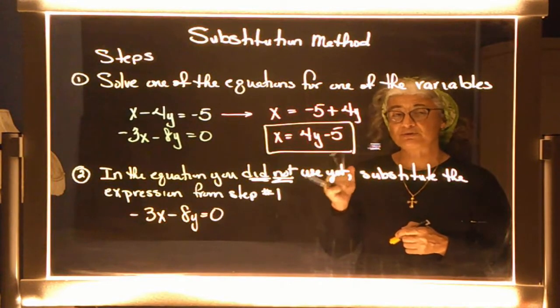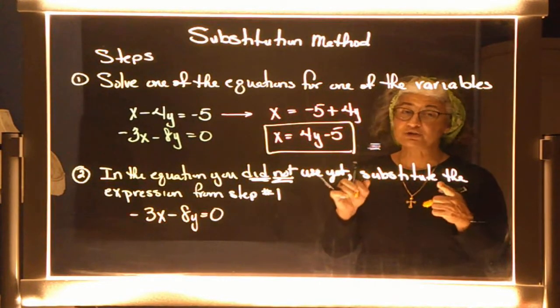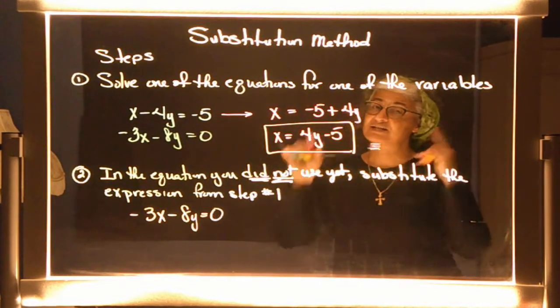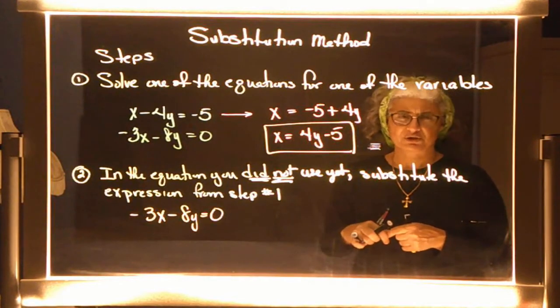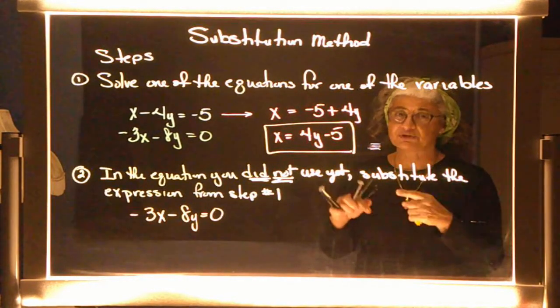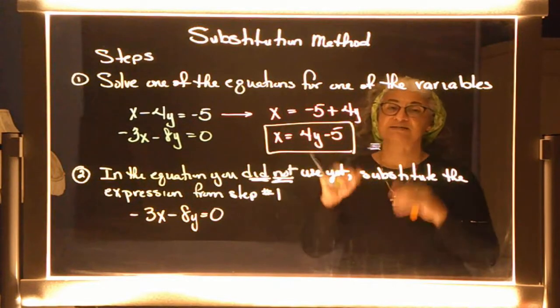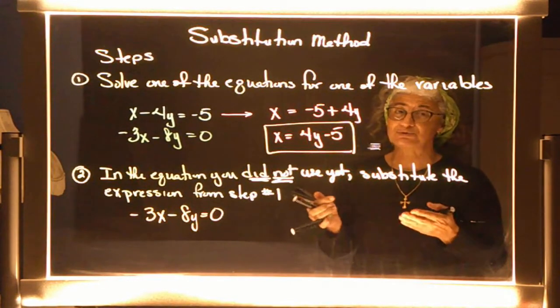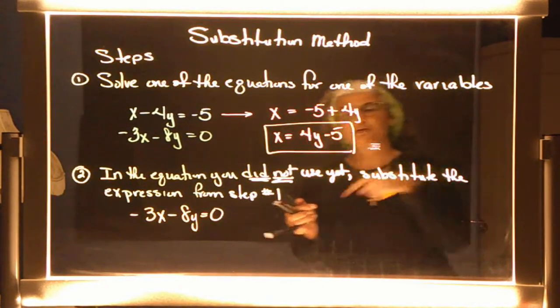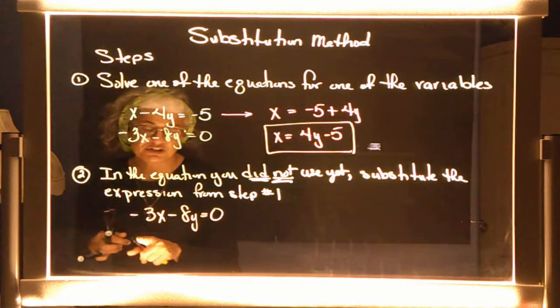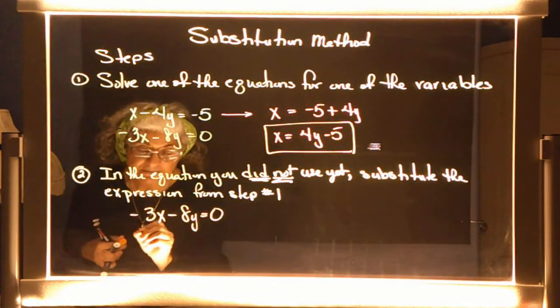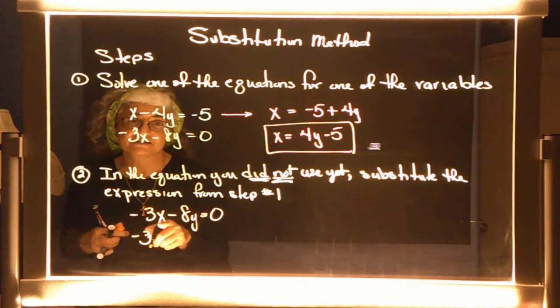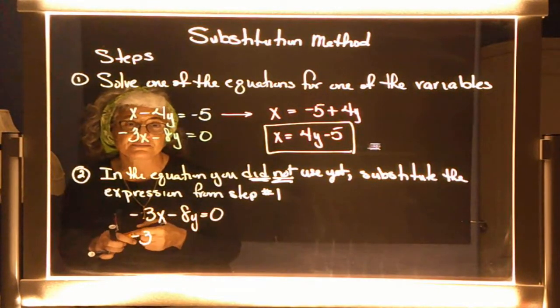Now remember what the equal to sign means. Whether it looks like it or not, the left and the right side are exactly the same. Are you with me? That's what the equal to sign means. So, in this expression, I have -3 times x. Well, do I know x?